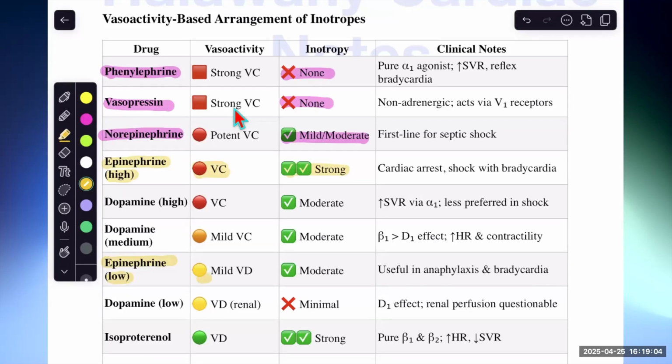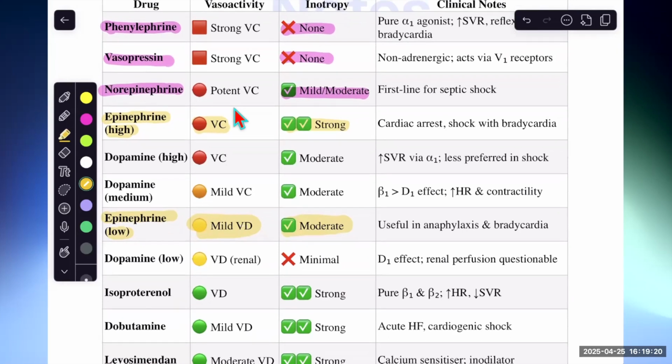But what about the low dose? It has even a mild vasodilator effect. That's why we love it, and a moderate effect on the heart. So low dose is good. It's almost like dobutamine. Here you'll find that its effect can be moderate to even strong. 0.05 adrenaline is a strong dose, but here it's confined to low dose up to 0.05.